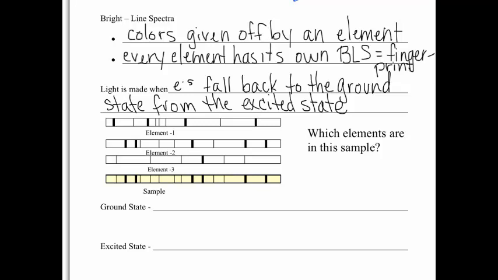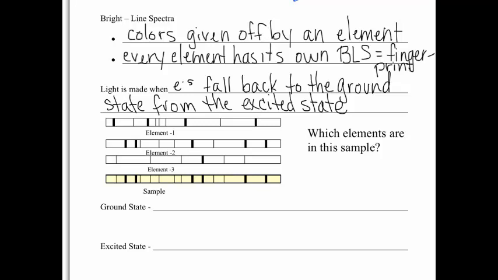So these are the bright line spectra of 3 different elements, and down here we have a sample, which may have 1 or 2 or 3 or whatever many of those elements in it. And really all you're going to do is match up the banding or match up the bright line spectra to find out which elements are actually in there.